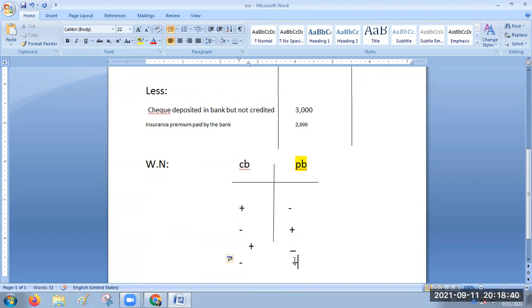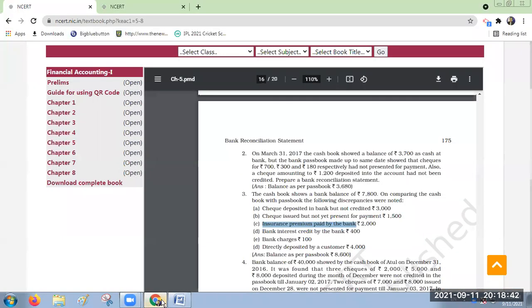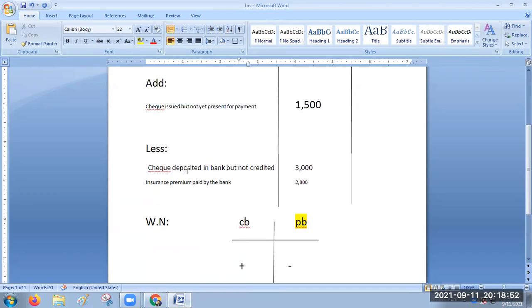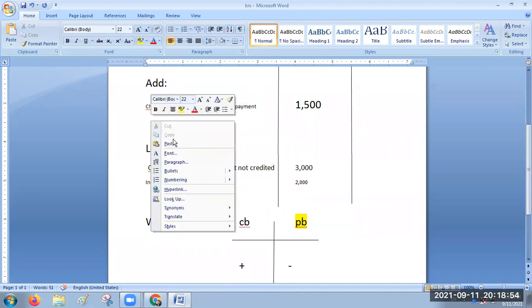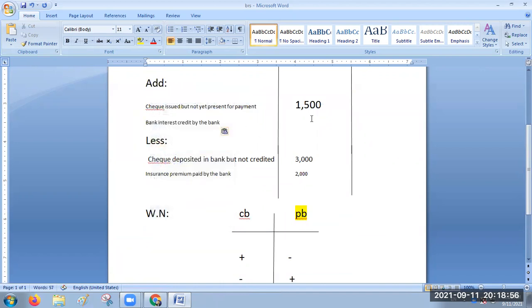So this side plus is there, so that transaction amount you are going to add. Bank interest credited by the bank. What is the amount? Is it 400? Yes, sir. 400.